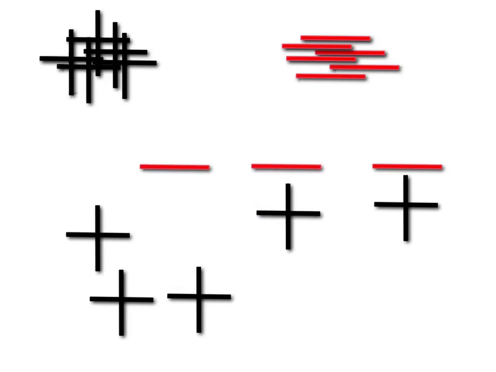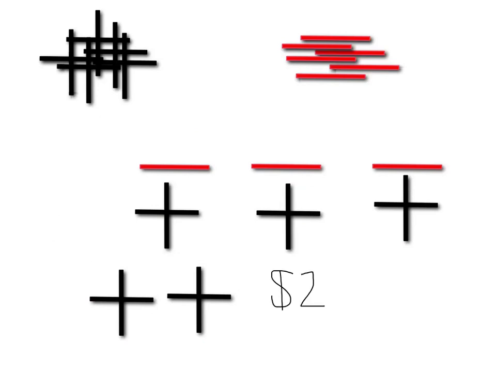I'm going to line up a positive and a negative, because I know that these will cancel, these will cancel, and these will cancel. If I have $1 and owe $1, it's really like I have $0. So all together here, now I have $2. And I'm in the black, so I have a positive $2.